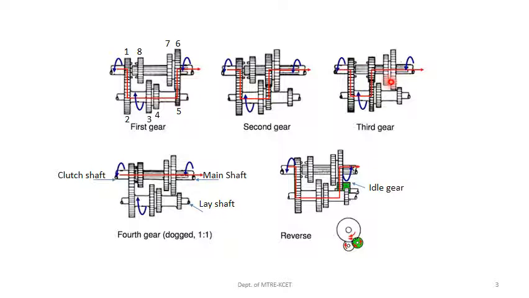Other gears are not connected with the main shaft of the gearbox. So now the power is transmitted by the clutch shaft to gear 1, then 2, then 3 of the lay shaft, then the number 3 gear meshes with the number 8 gear of the main shaft. So the power flow is clutch shaft, gear 1, then gear 2, then gear 3, then the 8th gear of the main shaft, and then the main shaft is powered by the rotary motion.